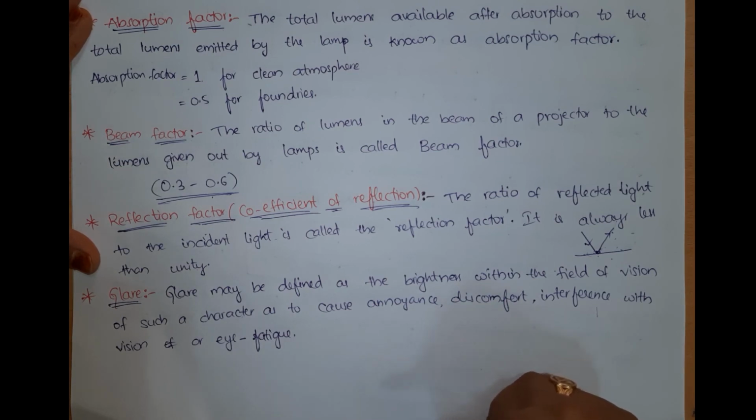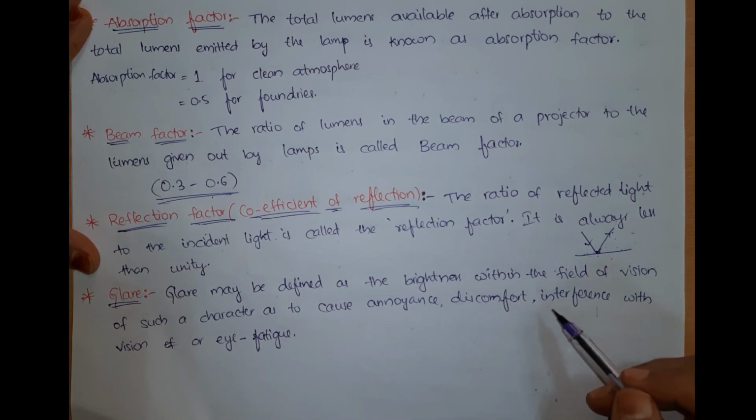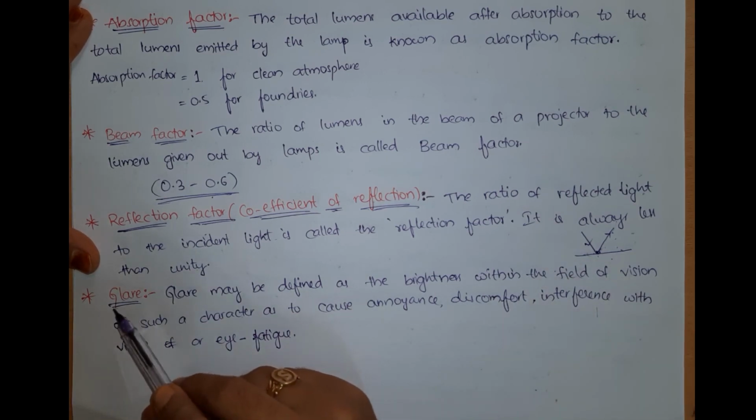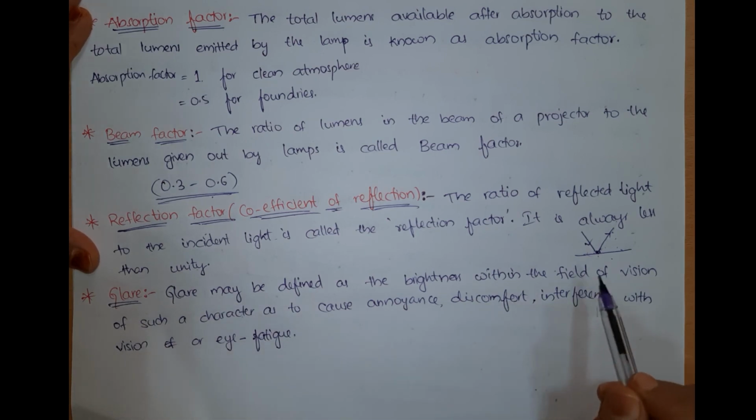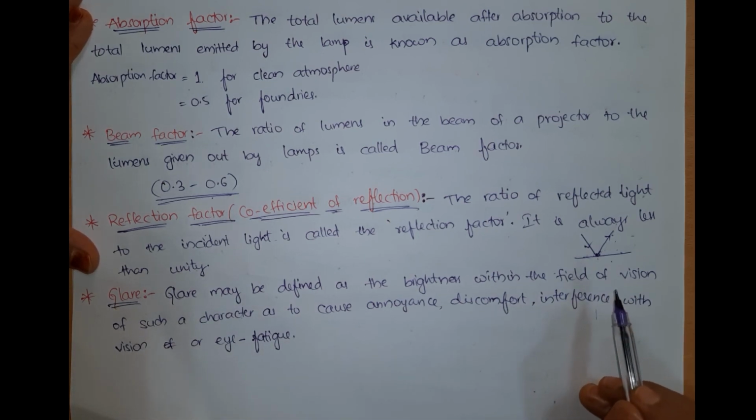So suppose you are looking at a certain object and the light is such that the object is not clearly visible to you, or it is causing some kind of discomfort to your eyes, then such kind of light or brightness is called glare. So these are the different terms that are related to illumination, which are helpful for us in understanding the illumination. Hope you have understood all the terms. Thank you.